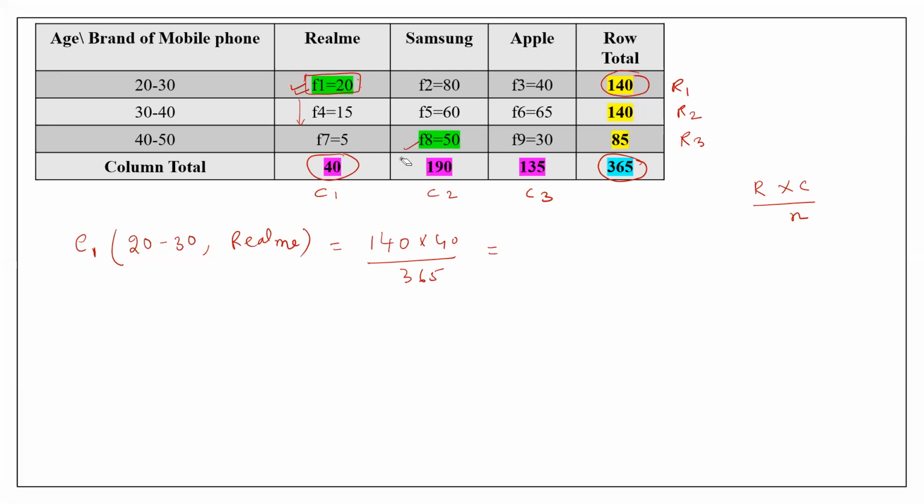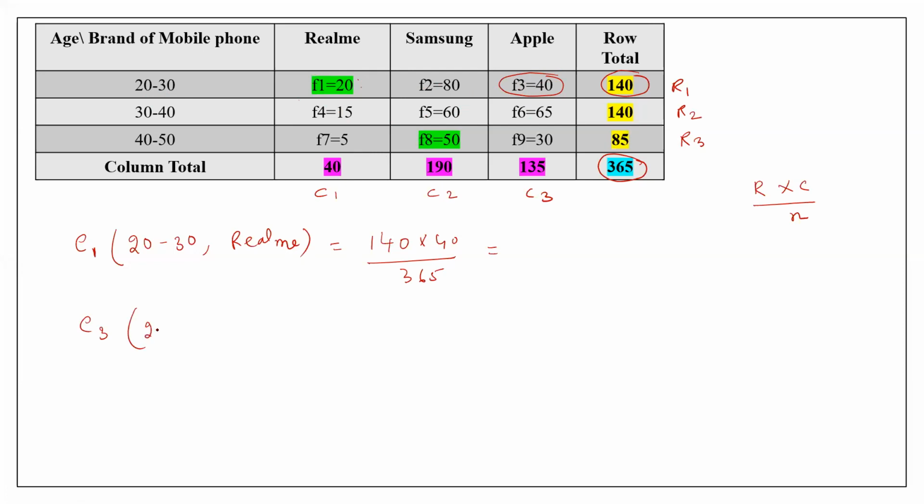Now, similarly, if you want to find the expected frequency for, let's say, this particular cell, which represents the age group 20 to 30 and the brand phone Apple, I will write this as E3 because it is F3 here. These are all your observed frequencies, Fi, meaning F1, F2, F3, F4, F5, and so on.